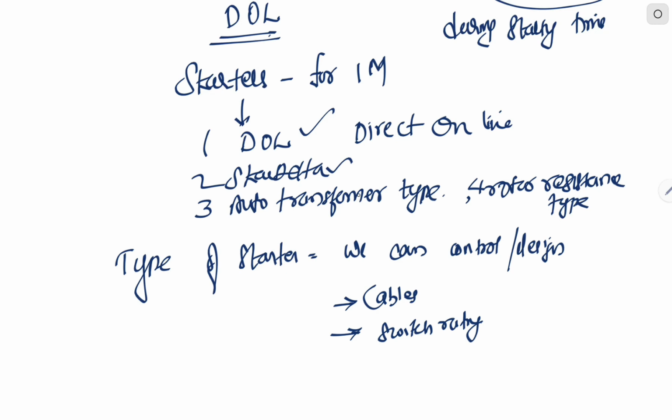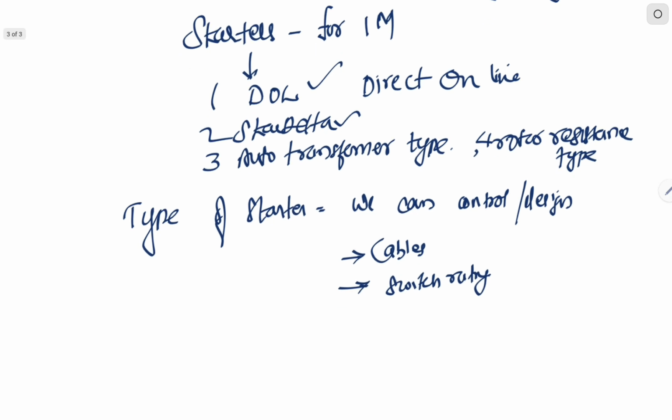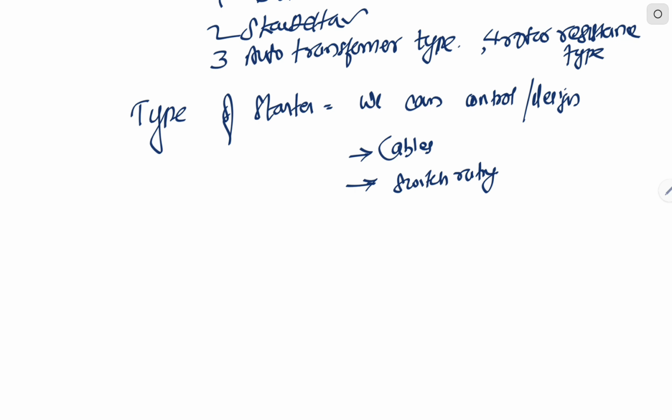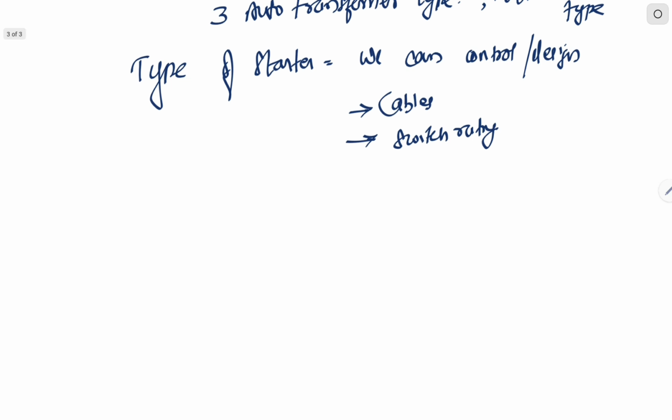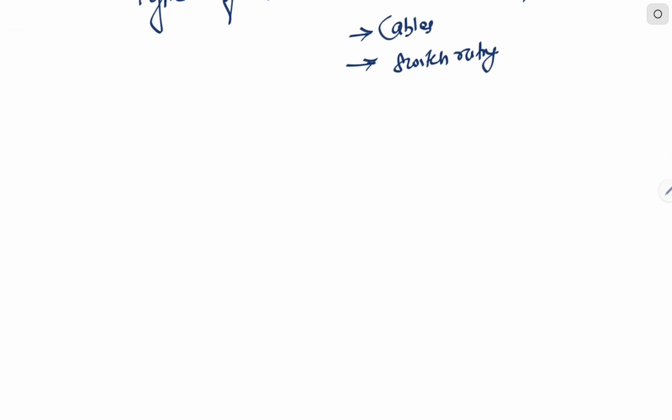If you are using the auto transformer type or auto resistance type, or soft starters as we commonly say, the starting current will be reduced. So the type of starter can contribute a lot of technical data while designing the electrical part. So depending upon the starters, we can select the cables for the induction motors. And the third part is practical limitations.